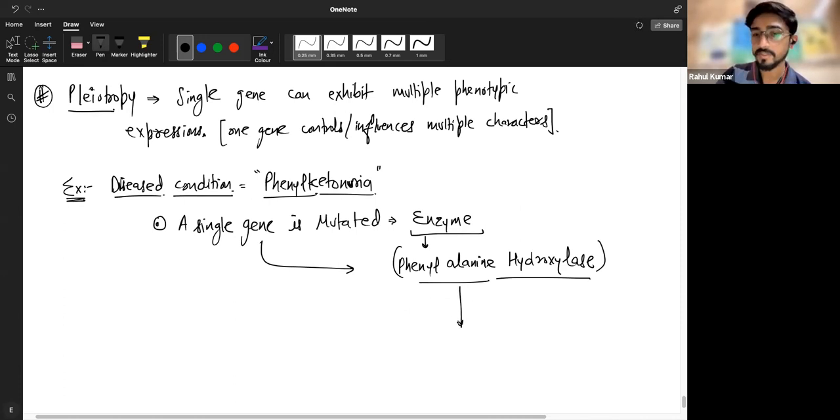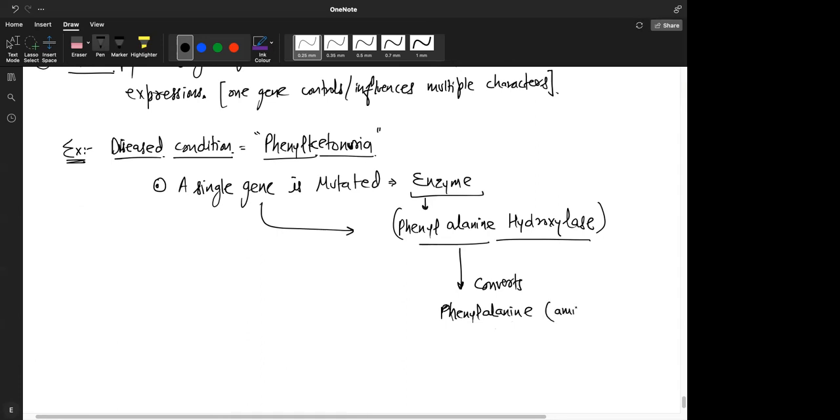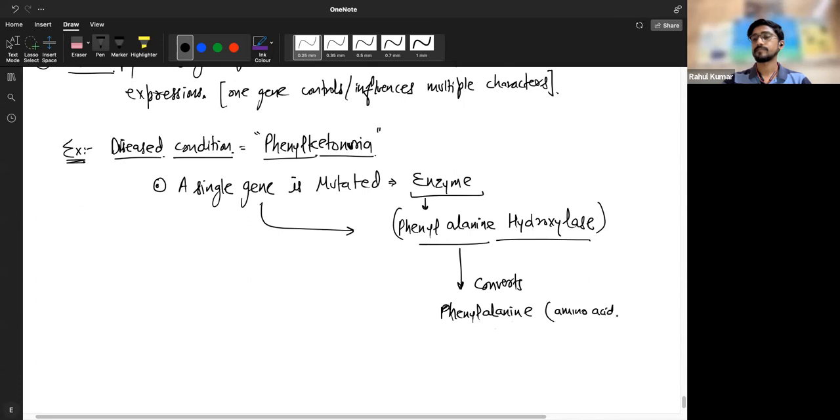Now, what is the normal function of this gene? So this gene in the human cell converts phenylalanine. What is phenylalanine? An organic compound. It is an amino acid. Okay.